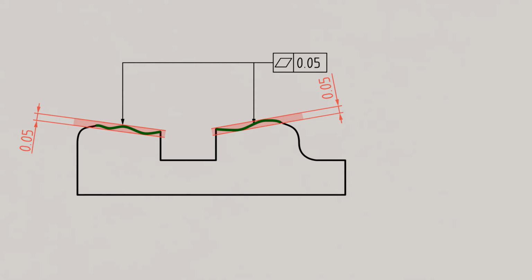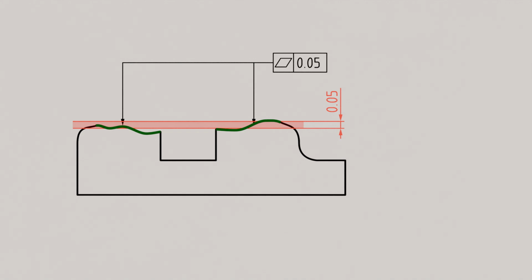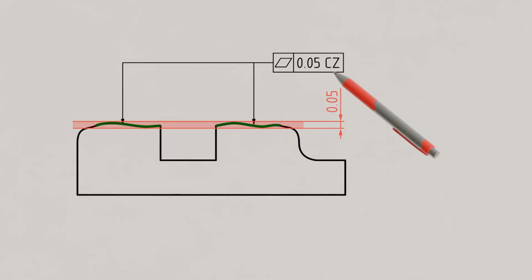However, such a tolerance specification is not practical in this case because the two surfaces serve as a common contact surface. It would therefore be more sensible for both surfaces to share a common tolerance zone. As we can see, in this case the flatness of the two combined tolerance zones would not be met. To clearly indicate that the two tolerated geometries should form a combined tolerance zone, the so-called combined zone modifier CZ is specified in the feature control frame after the tolerance value.